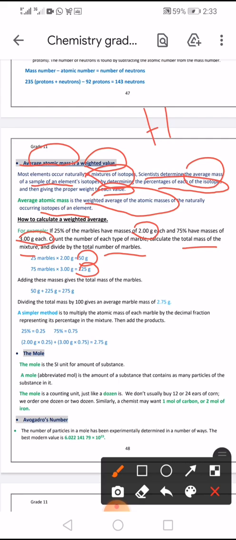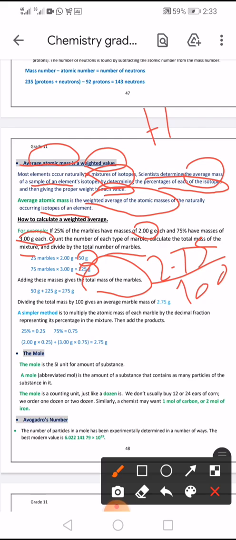Then adding these masses gives the total mass of all marbles, 50 plus 225. Then dividing the total mass by 100 gives the weighted average mass. Average marble mass equals 2.75.